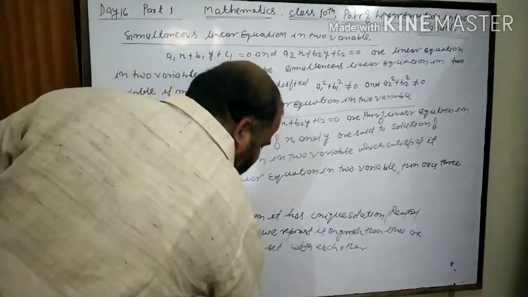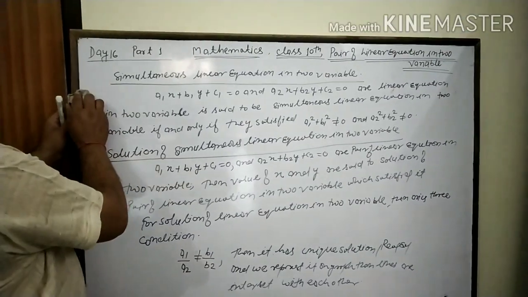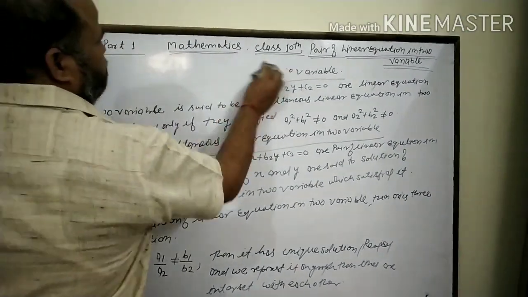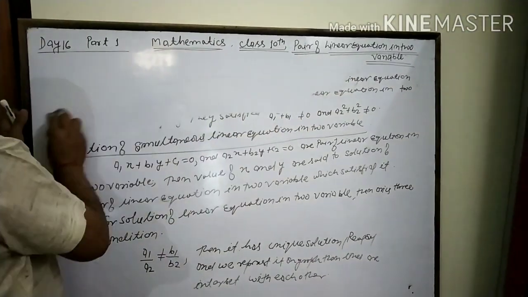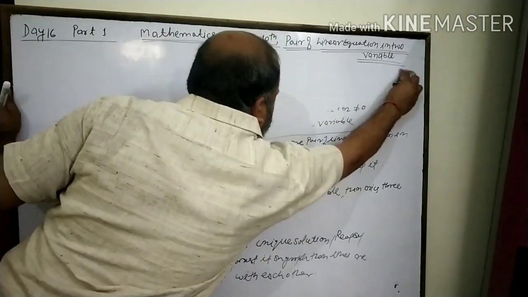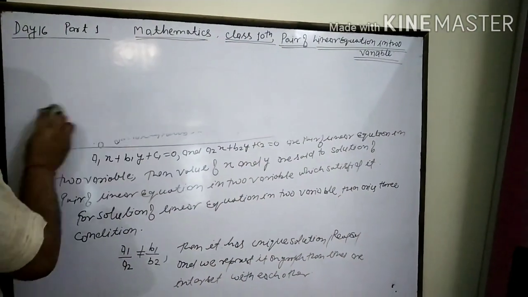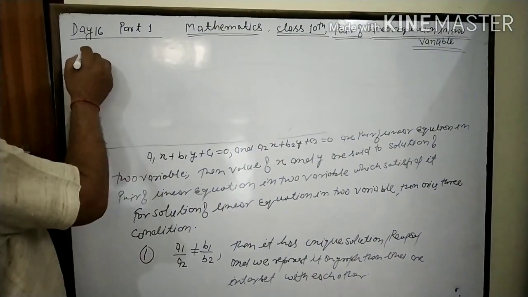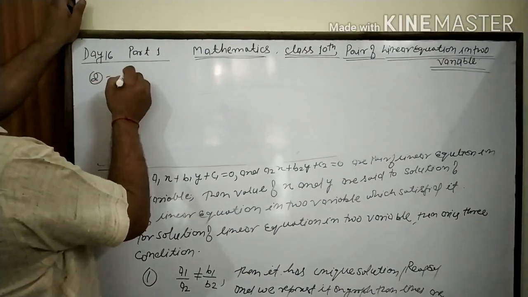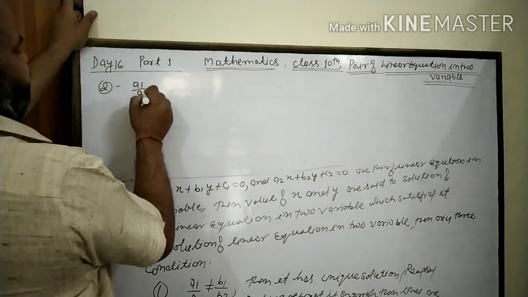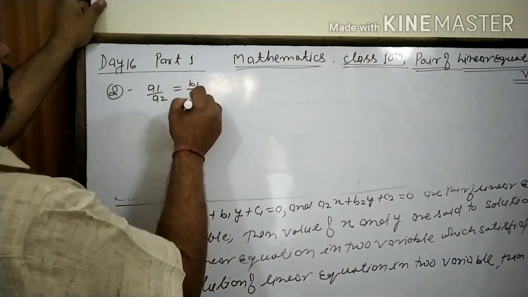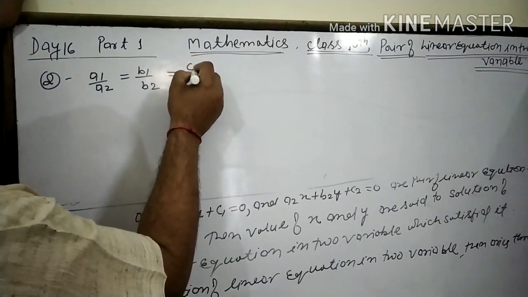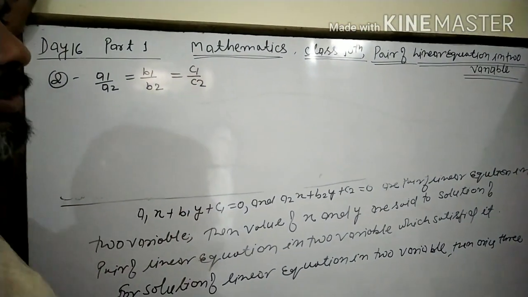Then after, second condition, if a1 upon a2 is equal to b1 upon b2 is equal to c1 upon c2.